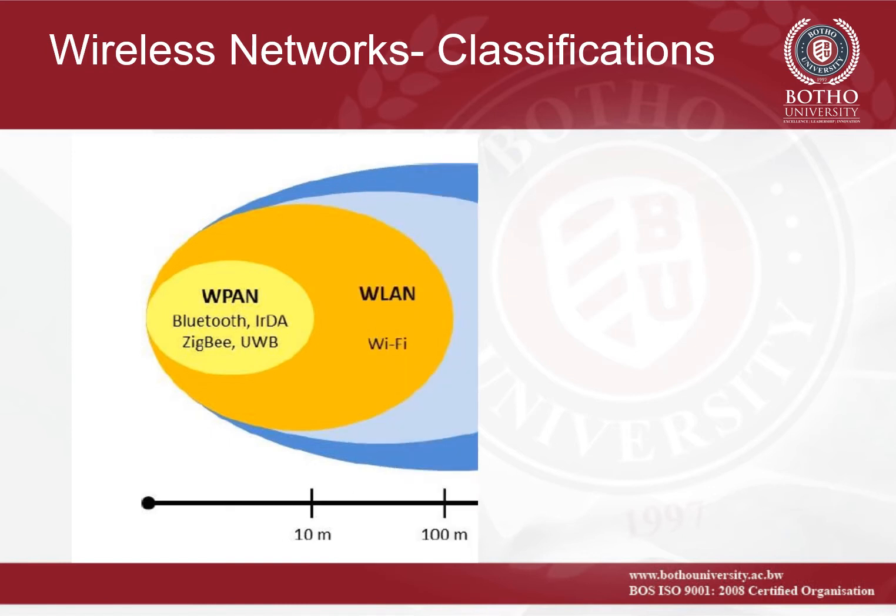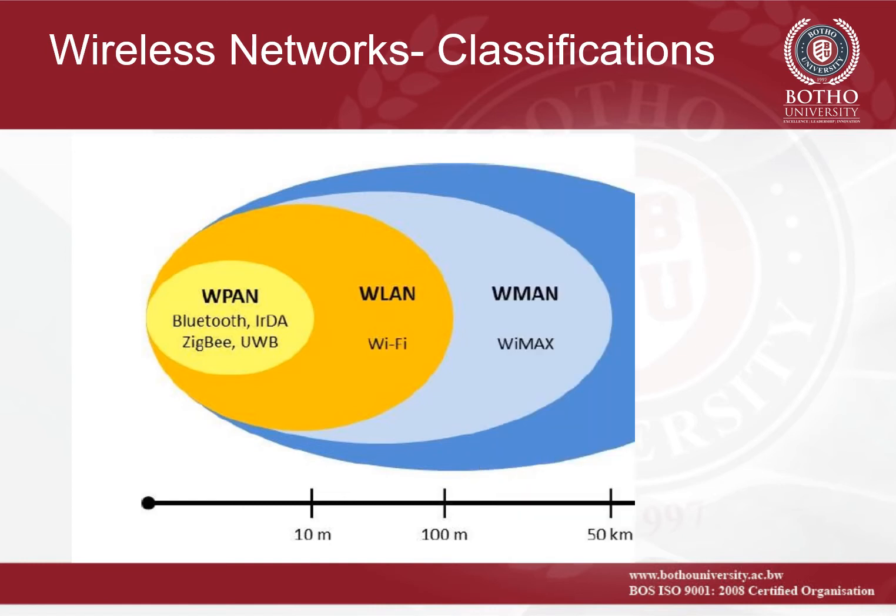The next classification is known as the wireless local area networks, abbreviated as WLANs, and for WLANs the signal range is 100 meters. We are also aware of the wireless metropolitan area networks, again abbreviated as WMAN, and the signal range for a wireless metropolitan area network is 50 kilometers.